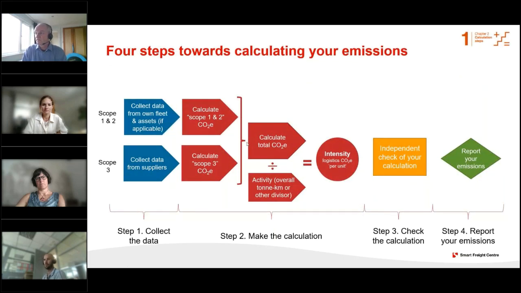Generally, we always refer to the calculation being done in several steps. It's really important, firstly, to think about what data you need, where you're going to get it from, particularly if you're a purchaser of transport services, how you're going to interact with your service providers to get the best inputs possible.